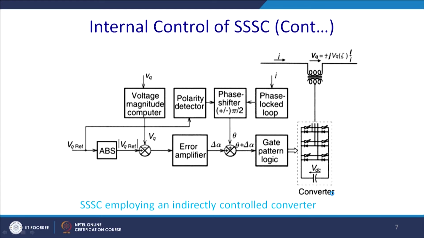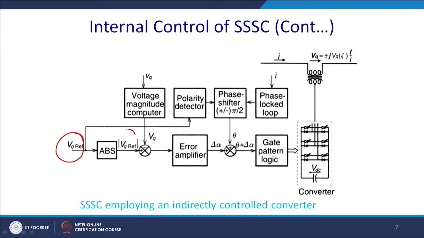So, this is the internal control circuit of the SSSC, and this control circuit is almost common to all three types of SSSC. So, you have the VQ reference, you then calculate the magnitude of it, generally with a peak detector circuit.